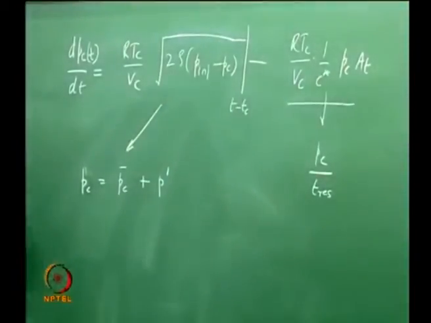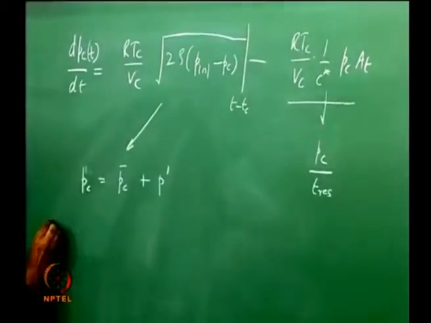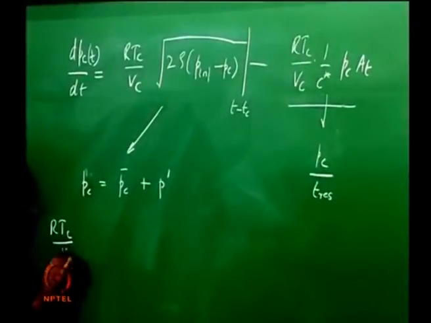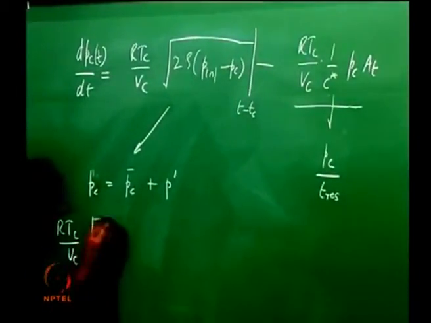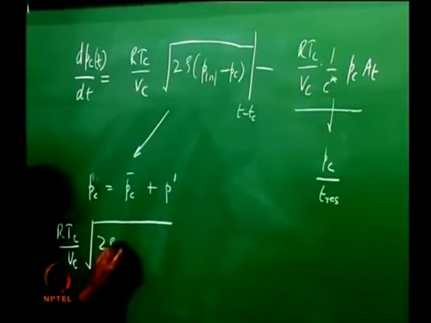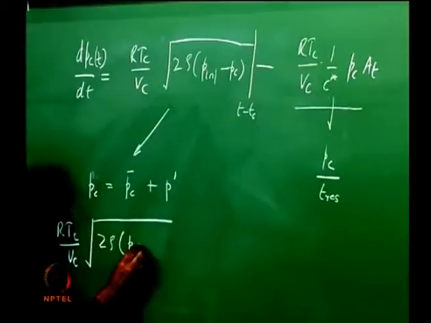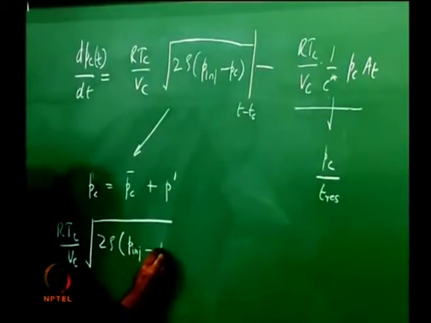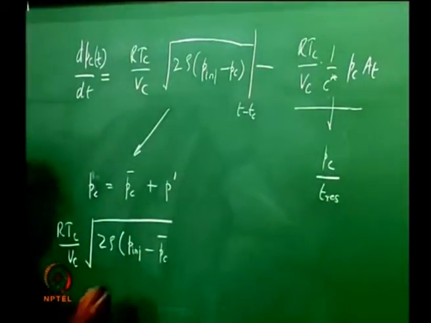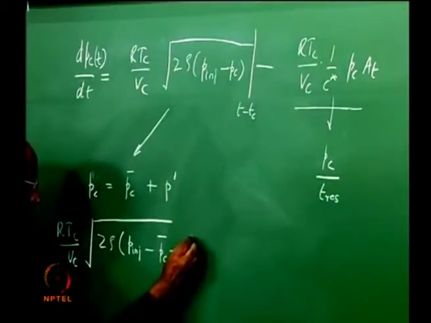Therefore, I can write this expression now as RTC by Vc into under root of 2 rho into P injected minus the value of Pc, that is a steady value, minus the value of P prime.